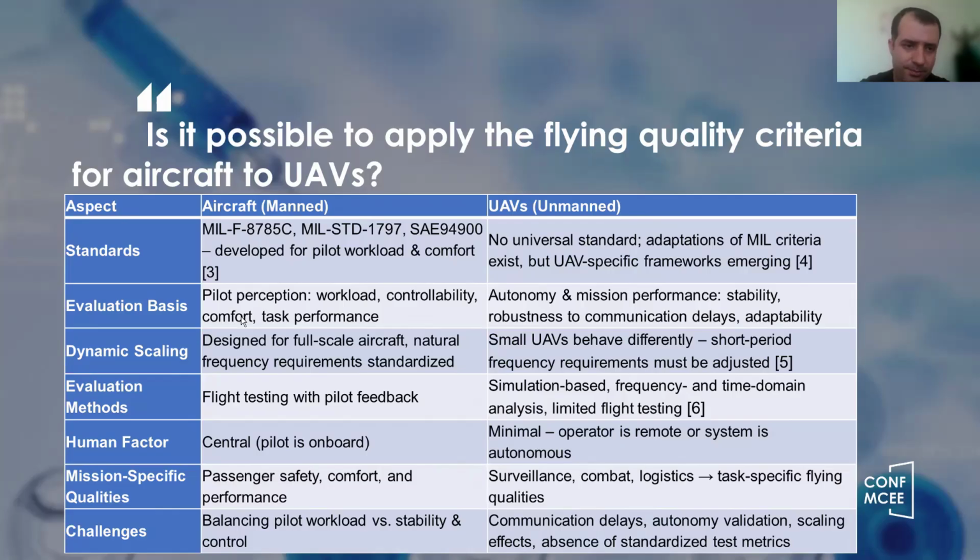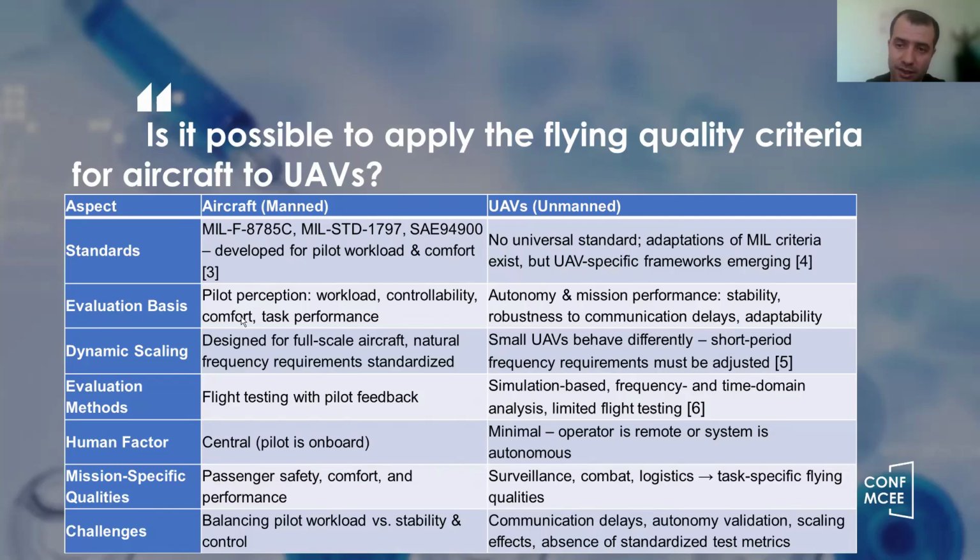For example, Holmberg et al. note that current flying quality standards do not adequately capture the unique characteristics of UAVs, particularly in autonomous or remotely piloted contexts, and emphasize the need for updated design standards specific to UAV applications.